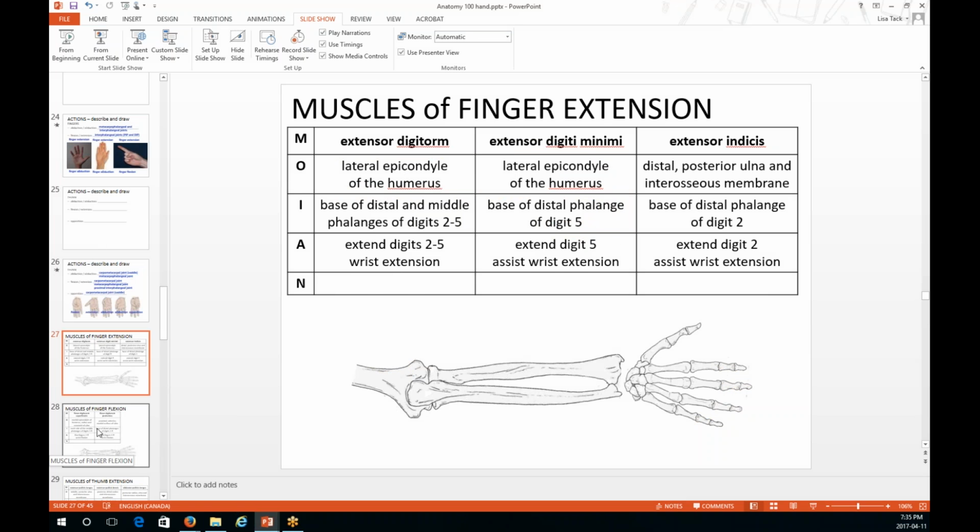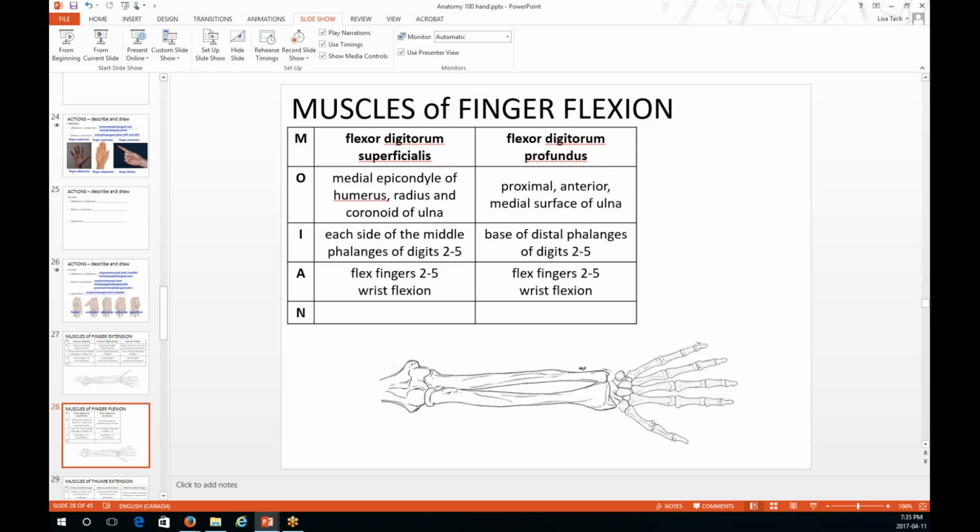And then the muscles that do finger flexion. We've got flexor digitorum superficialis and flexor digitorum profundus. So superficial and deep. If you're profound, you're a deep thinker, right? So it means deep. These muscles are the ones that have to do with carpal tunnel syndrome. Okay, they travel in the tunnel.